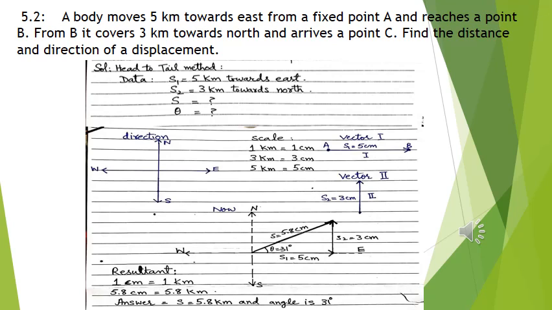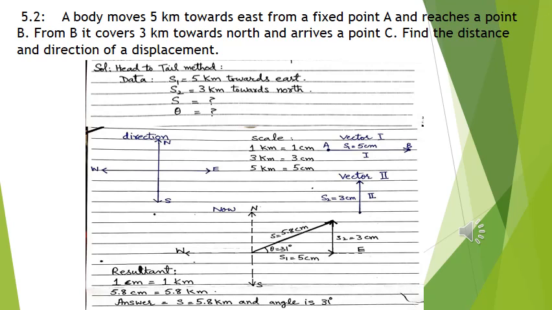Now in this case, you are given two displacement vectors. Number 1, 5 km towards east. Second, 3 km towards north.